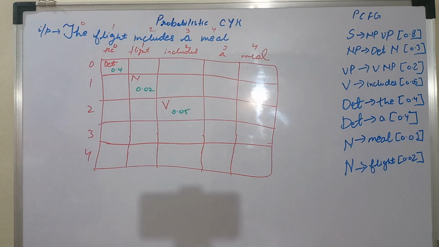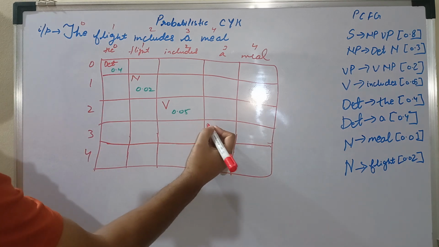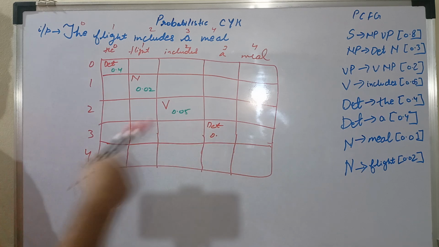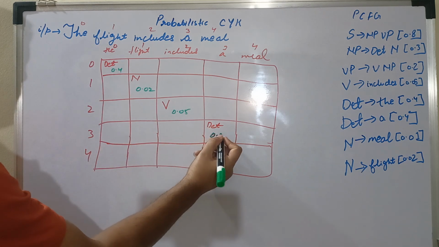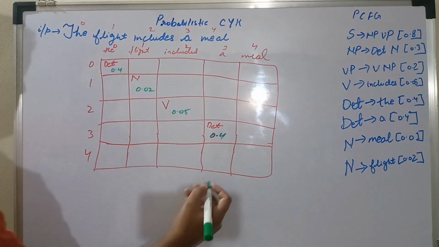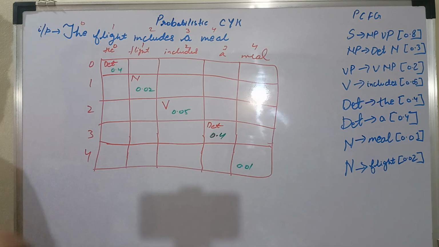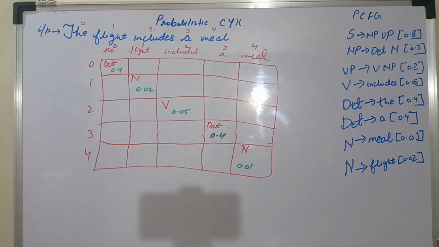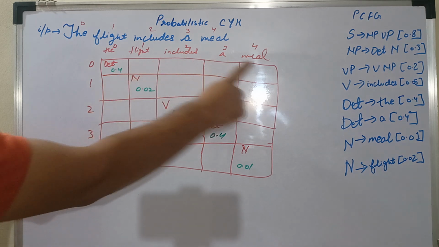Next word, a, comes from this rule, so we'll put that, and the probability is 0.04. Next, meal comes from this rule and the probability is 0.01. Now we have filled the diagonal. What we need to do next is fill all the remaining cells.